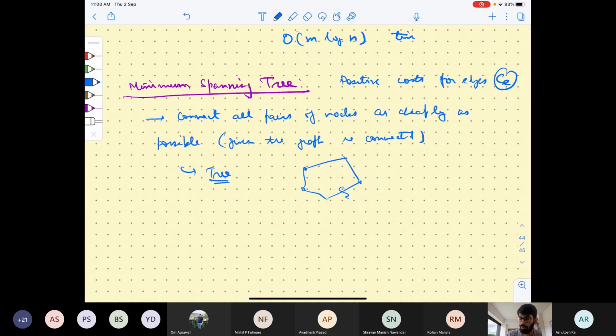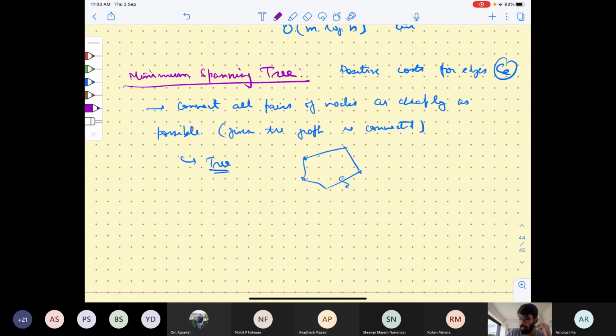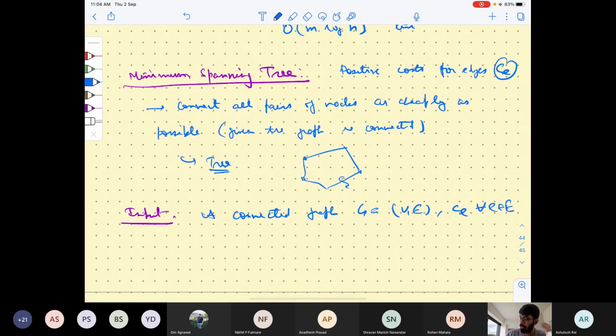Good. So let's formally say what the input for the problem is. Input for the problem is a connected graph G and let's say some cost c_e for all e in E. And what is the task?